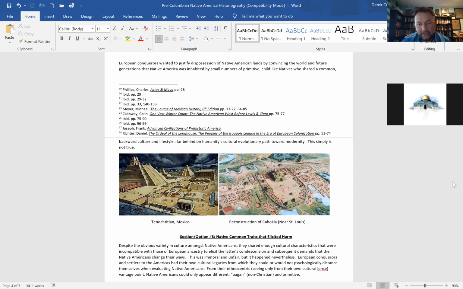Another one is forming a complex society whereby instead of just having hunter-gatherers, a chief and warriors, they develop a sacerdotal or religious elite. They develop an urban artisan class of skilled workers. They develop a merchant class of traders.